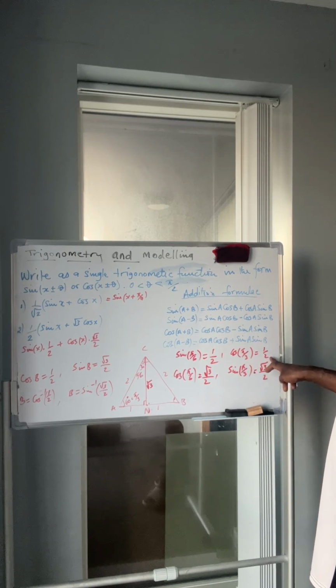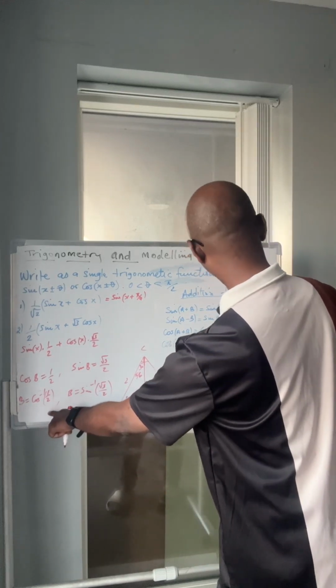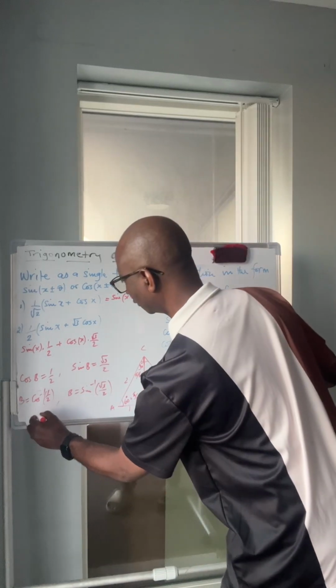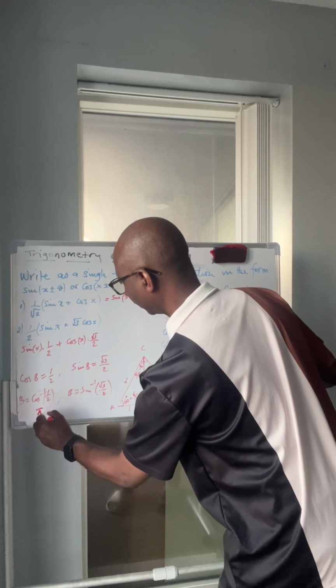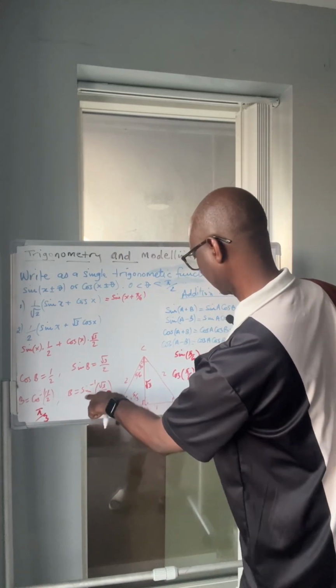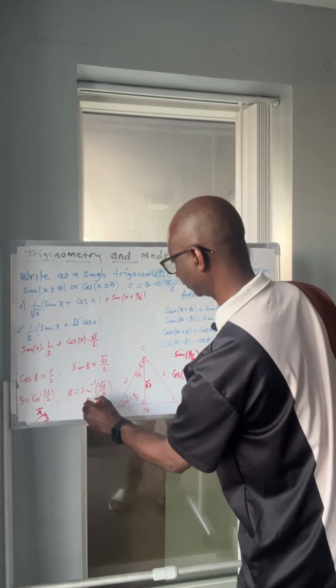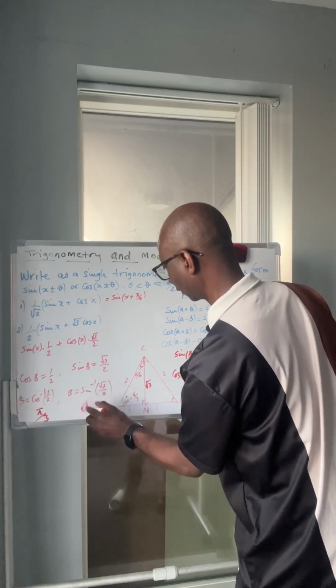So if we are changing it, this will give us pi all over 3, and this one will give us pi over 3 as well.